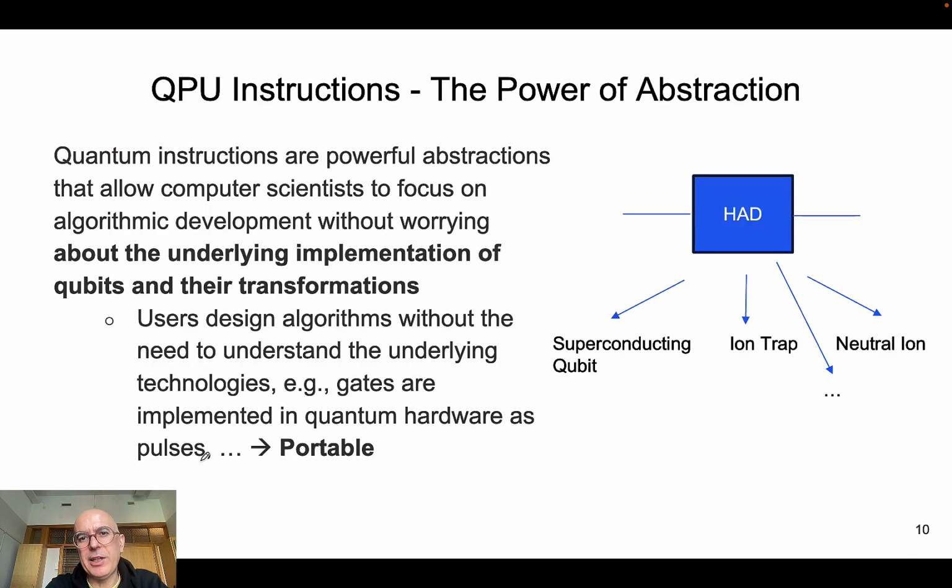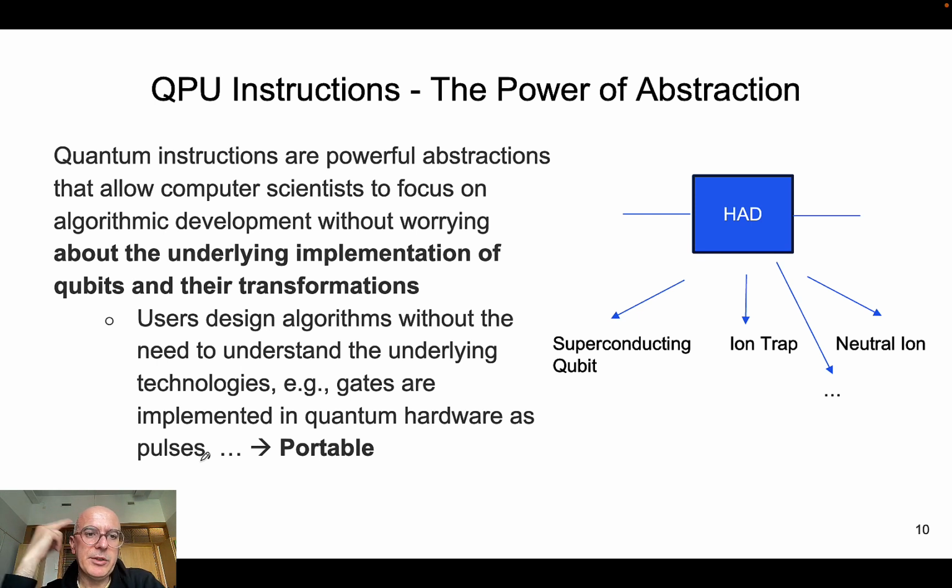To finish up this introduction of this lecture, this is probably the most important slide that I really want you to reflect on in this lecture. What I want you to think about is the power of using the quantum gates abstraction.